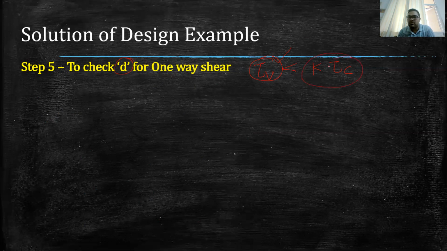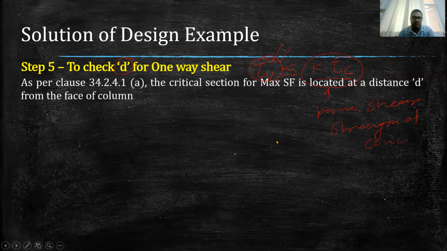Similarly, k into tau c is the permissible shear strength of concrete. So here we are supposed to find out tau v and k into tau c, and then compare them. If the condition is satisfied, then we say that D is safe. If the condition is not satisfied, then D is not safe, and therefore we have to revise the D. This is what we did in the previous lecture also. The same process we are going to follow here also.